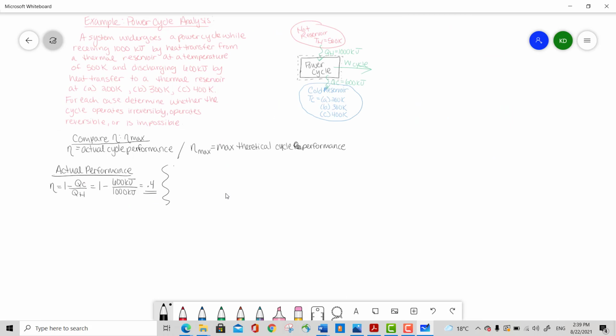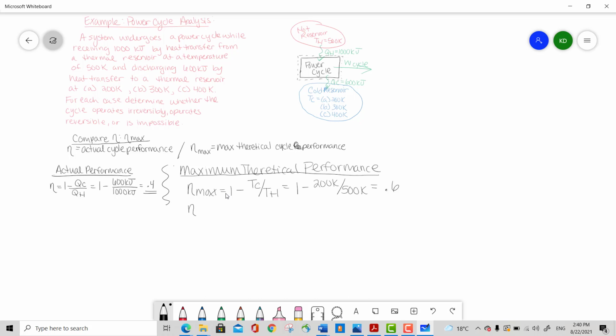So then after we calculate the actual performance, we need to do our maximum theoretical performance so that we can compare it to our actual performance. And so that'll be N max equals 1 minus TC over TH equals 1 minus 200 Kelvin over 500 Kelvin, which equals 0.6.